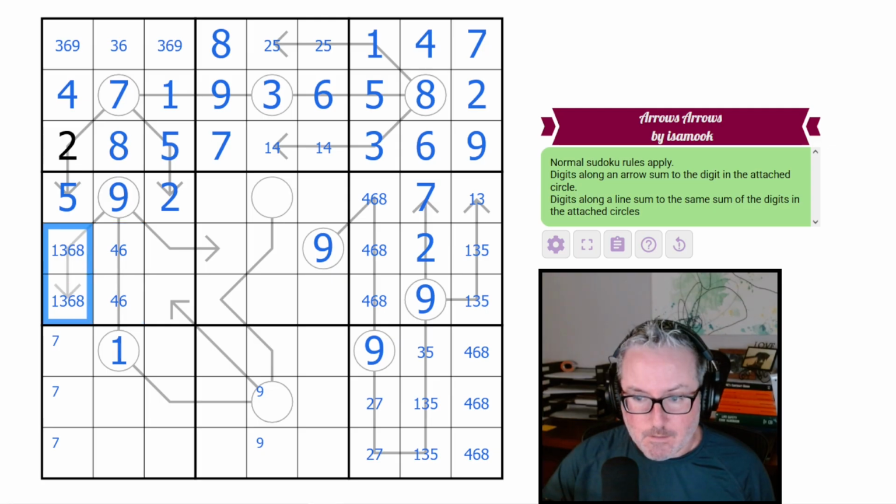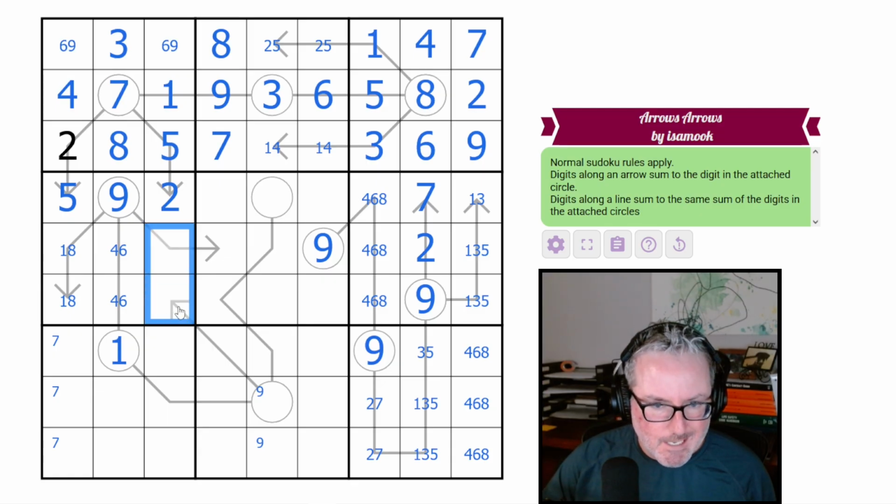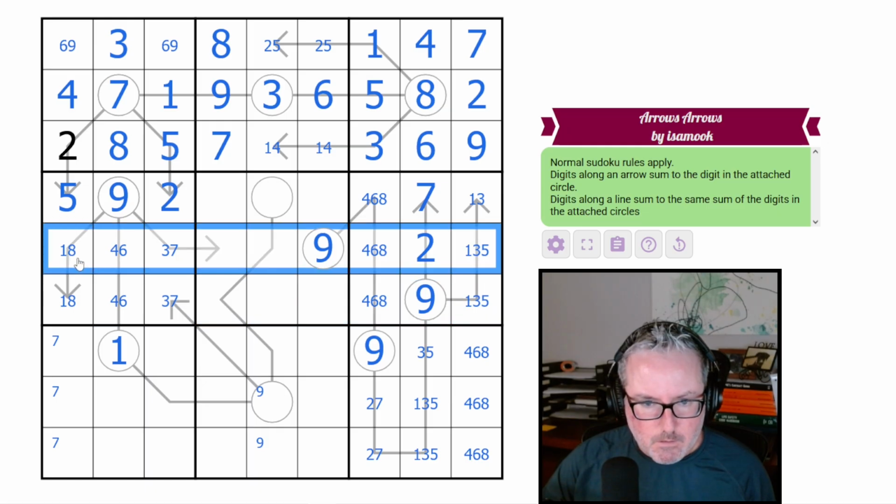That 6, 4 tells us this ain't a 6, 3. It's a 1, 8. The 4, 6 says this is 3. These are not 3s. This one here has to be 3 and 7, I think. Yes. Cutting across, see if any of these things work out. They don't.